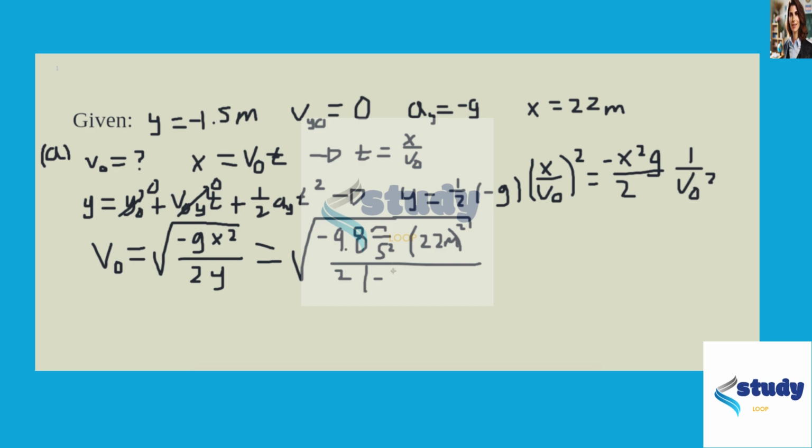Okay, so if we solve this out by plugging all of that into the calculator, we get 39.76 meters per second, which is approximately 40 meters per second.